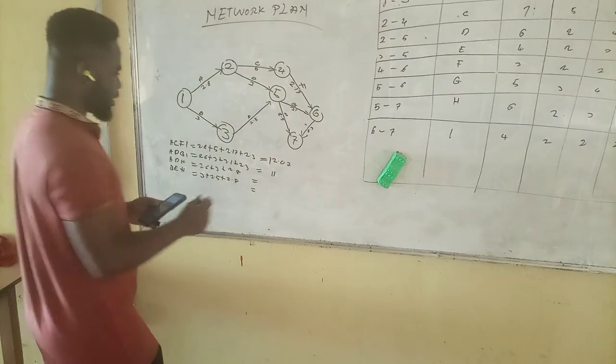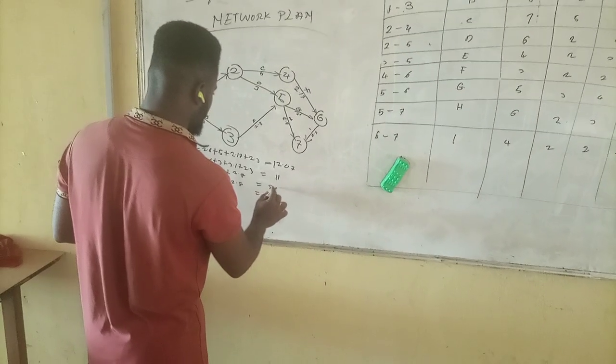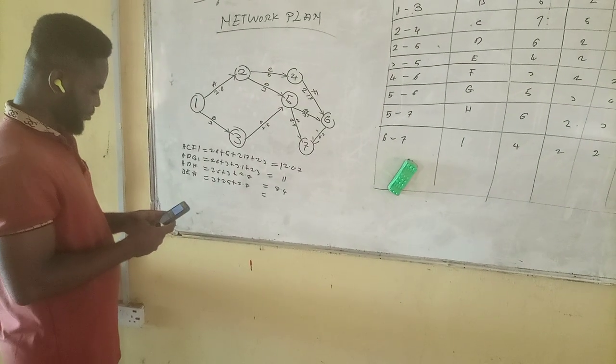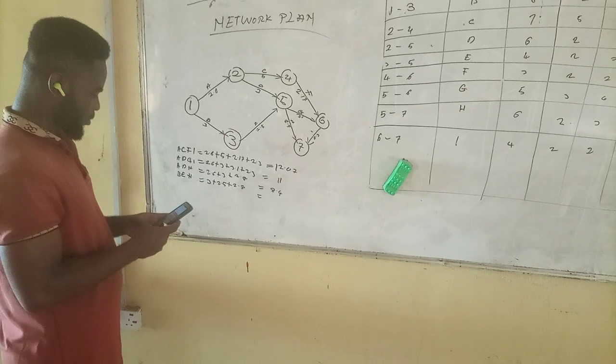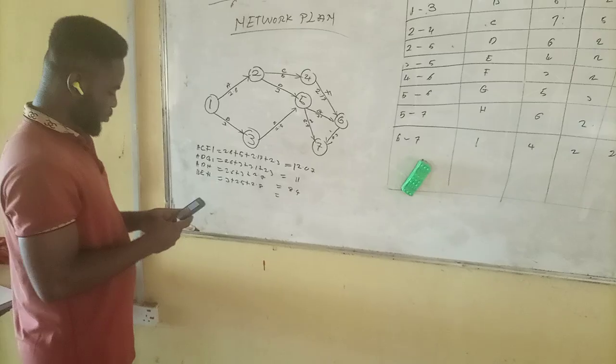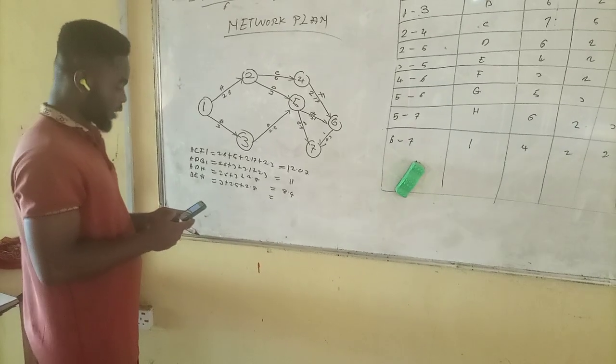That will give me 8.4. BEH, 3 plus 2.5 plus 2.8. That will give me 8.3.